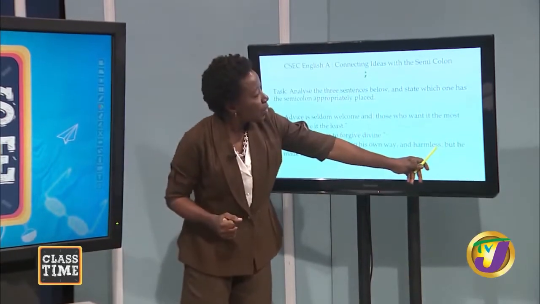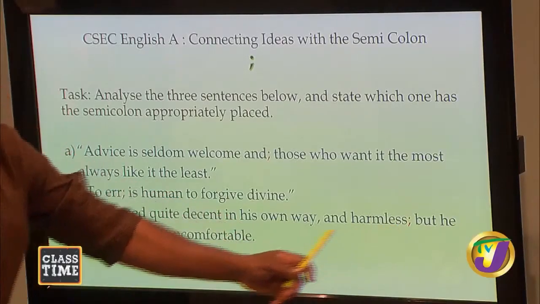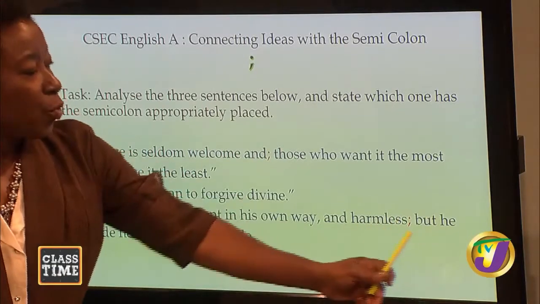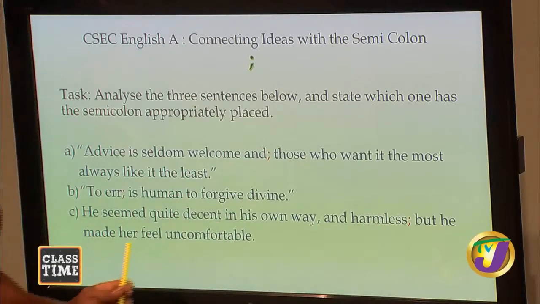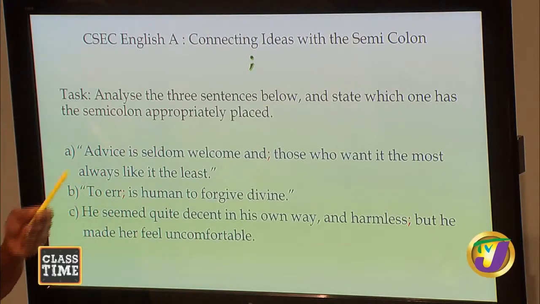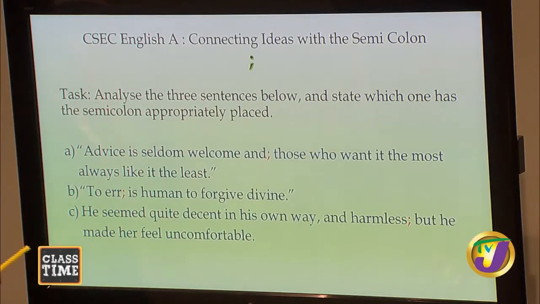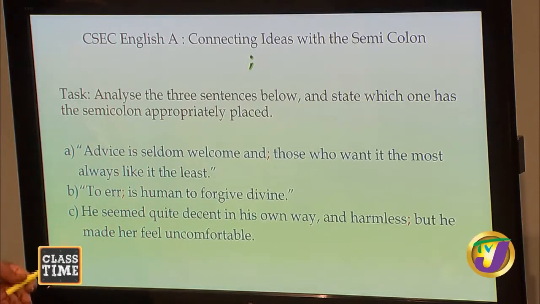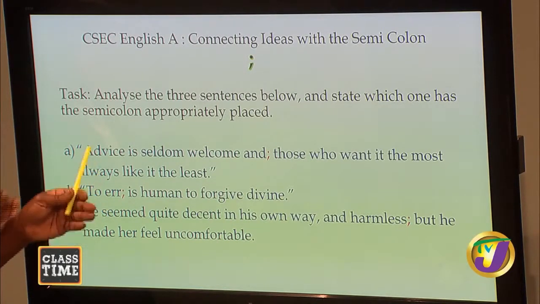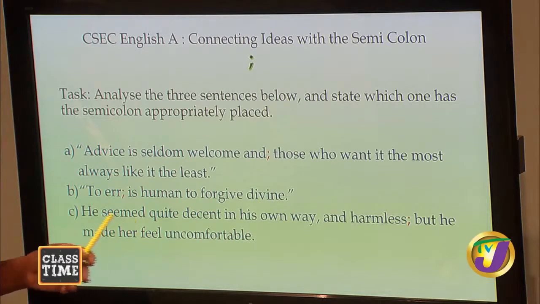So here the semicolon is placed to connect the two ideas. That's what we really want to get in this lesson, that we use the semicolon to connect ideas. There is a thought that is linked to the previous thought, and you connect it with the semicolon.